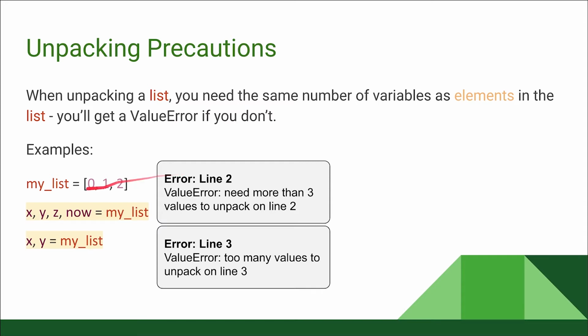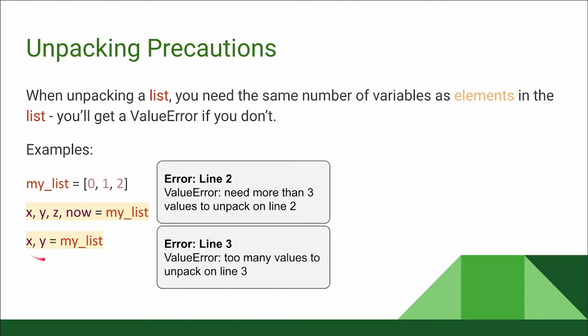If you have too many variables, so I have 3 values and I'm trying to make 4 variables, I will get an error that reads, need more than 3 values to unpack. So I have 3, I need more than 3 to properly unpack into this many variables.